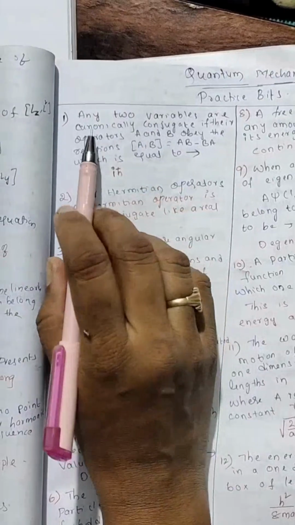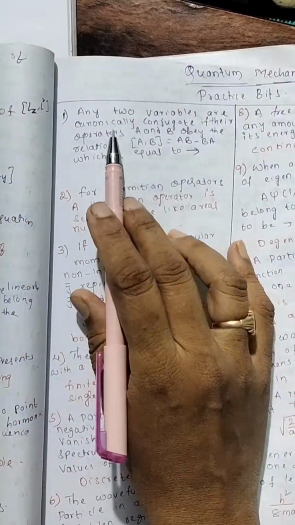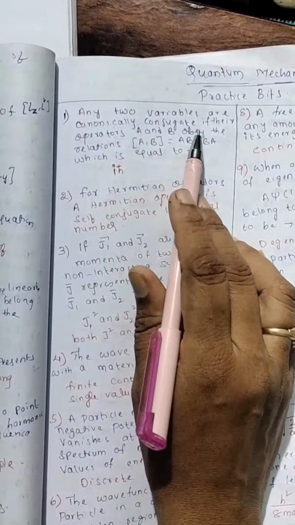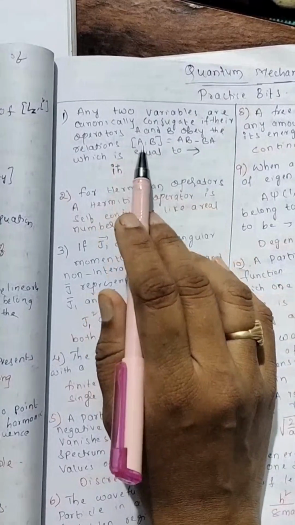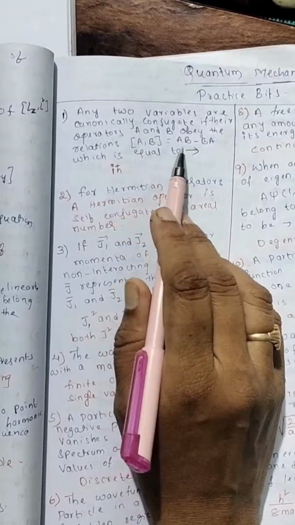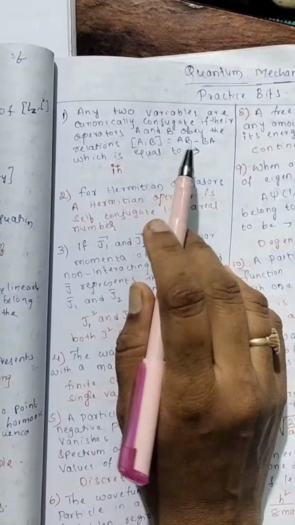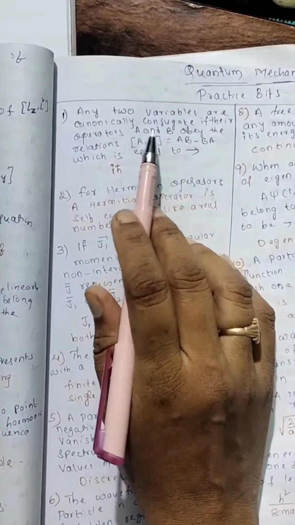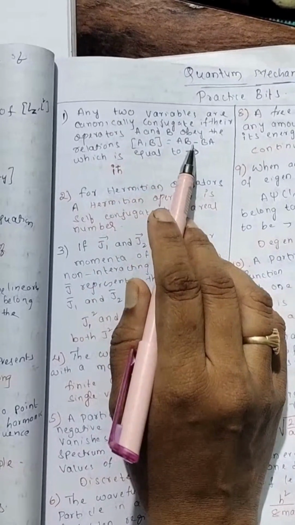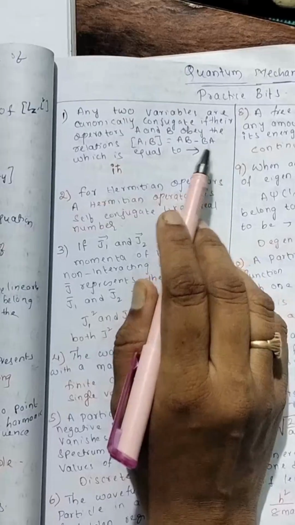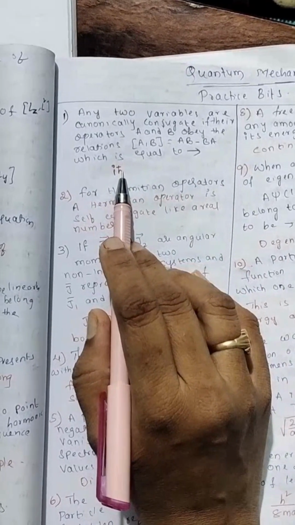The first question: any two variables are canonically conjugate if their operators A and B obey the relation [A, B] = AB minus BA, which is equal to, he is asking. H cut is the answer.